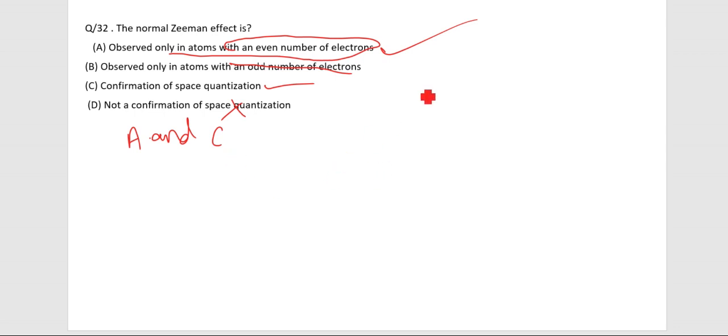That means if there is an even number of electrons, they are paired, so S is given by 0. If S is 0, then also we can find the Zeeman effect. So that's why option A is correct, and space quantization is also given. So both the options are correct.